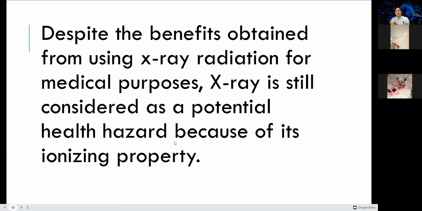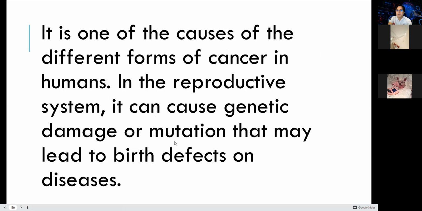Despite the benefits obtained from using X-ray radiation for medical purposes, X-ray is still, again, considered a potential health hazard because of its ionizing property. It can actually ionize. That's the negative effect of X-ray. It is one of the causes of different forms of cancer in humans because, again, we are actually carrying cancer genes in us.